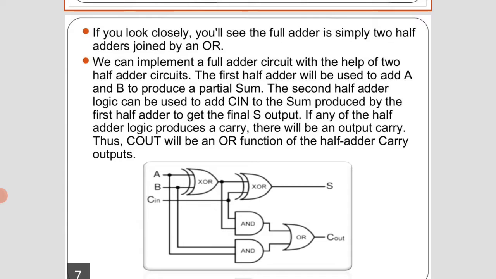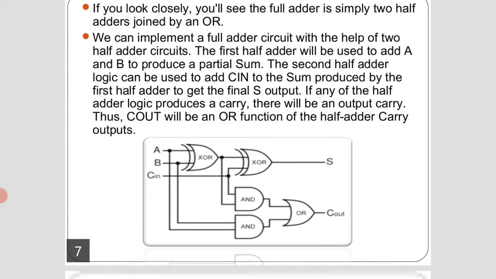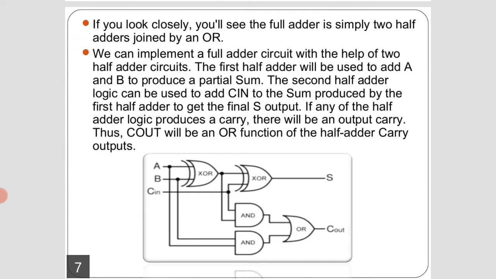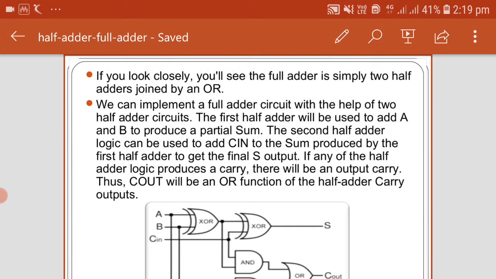Thus, C out will be an OR function of the half adder carry outputs. The first XOR gate has two inputs A, B, and its output is given to the second XOR gate. The second input of the second XOR gate is C in. The output of the XOR gate is sum. After that, for carry, we use two AND gates. The inputs of the two AND gates are from the XOR gates.